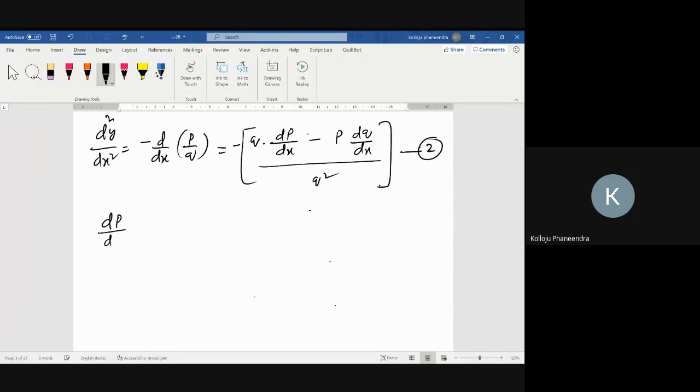dp by dx is nothing but d by dx of what? P value, dou f by dou x. Yeah, I got it now. If the logic is missed, such problems come. Now see dp by dx, that means this is an ordinary derivative. So d by dx of dou f by dou x.